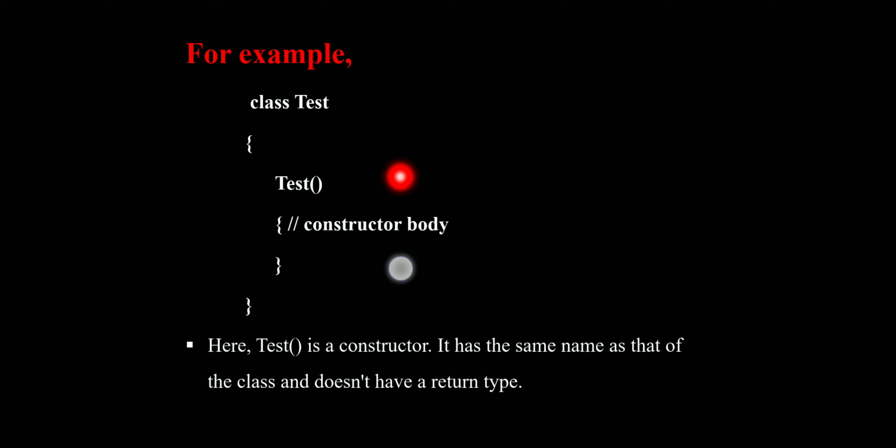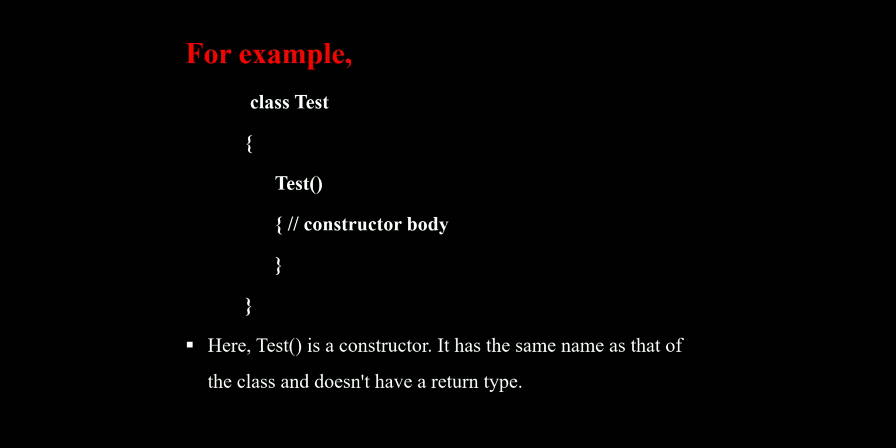The constructor name and the class name must be the same. This is the constructor body, this is the closing for the constructor, and the closing for the class. Here Test is a constructor. It has the same name as the class name, and it doesn't have any return type. This is the example for the constructor.